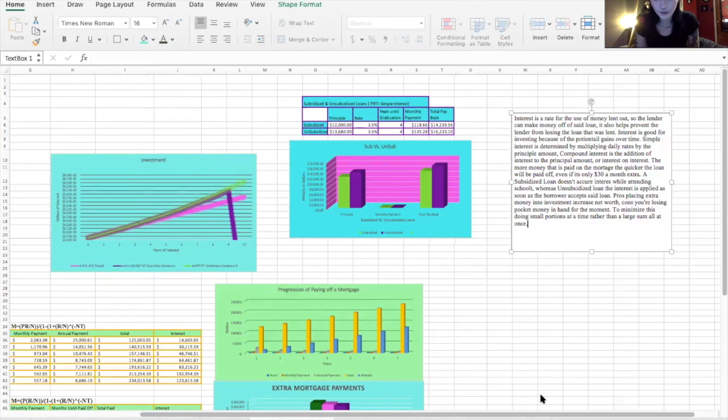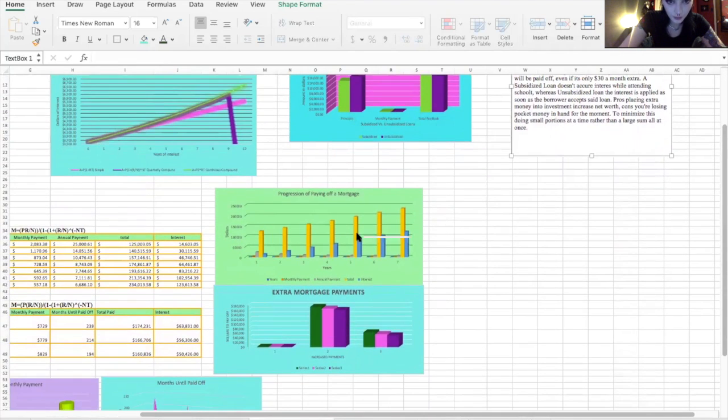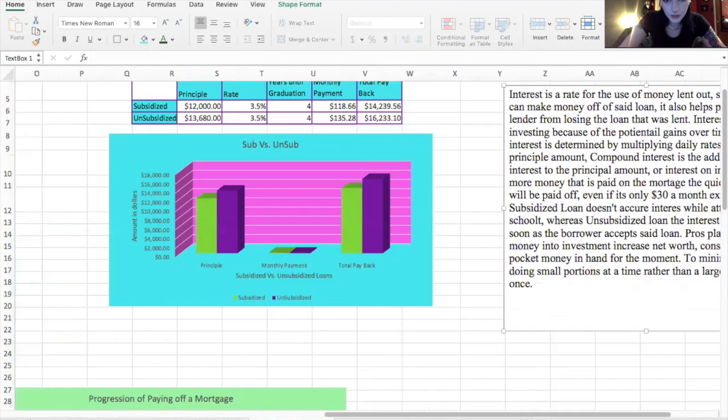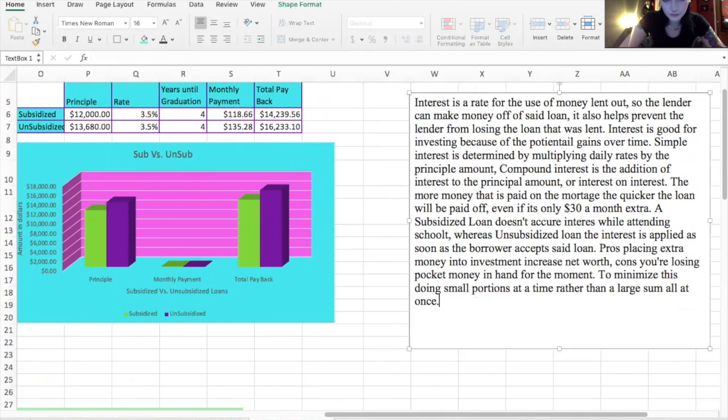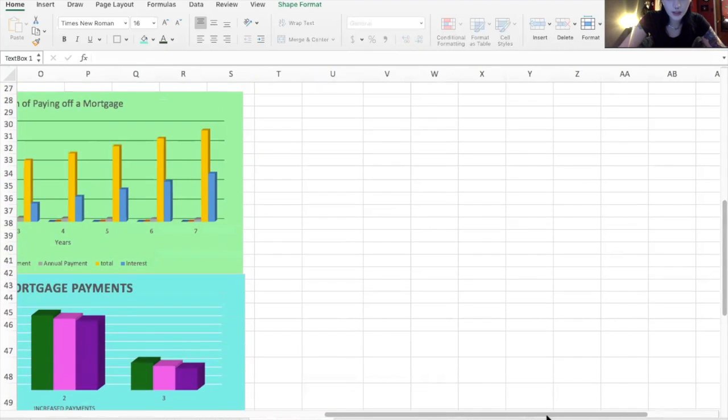Interest is good for investing because of the potential gains over time. So, I mean, for example, the progression of paying off your mortgage would be a good example. Let me just zoom in. Unsubsidized loans, we'll get into that in just a moment.